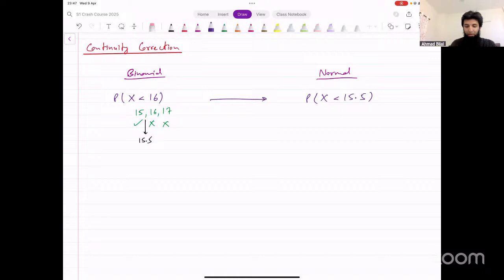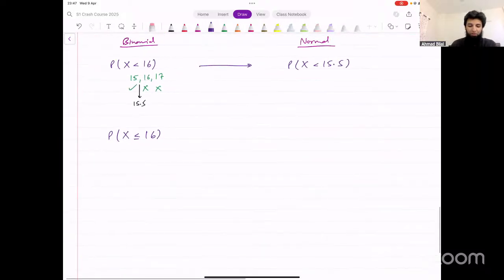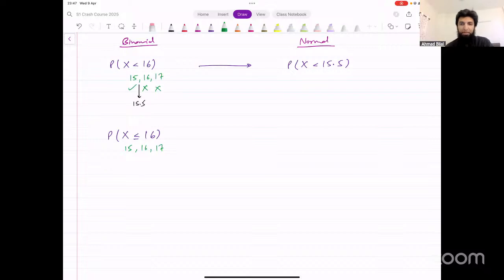Okay. Now compare that with if you had x less than or equal to 16 here. If instead of less than 16, what if you had less than or equal to 16? How do you think about this now? Again, 16 is the number. You consider 16, one number less than that and one number more than that. Is 15 included in less than or equal to 16? Yes.